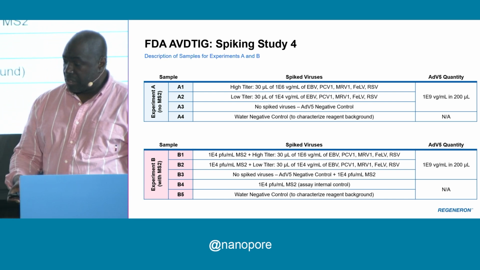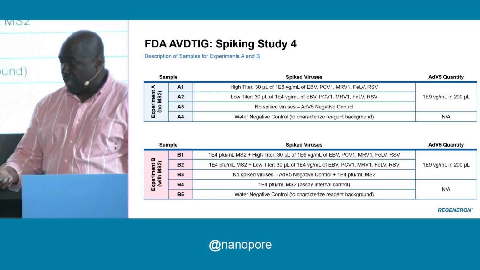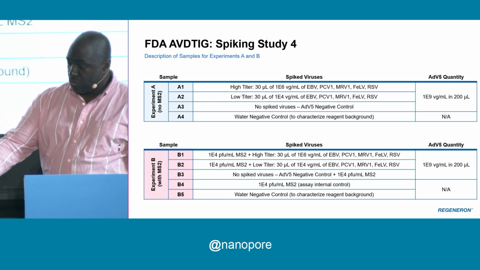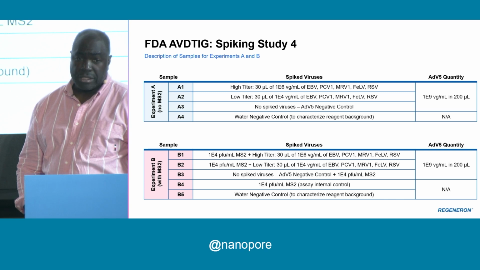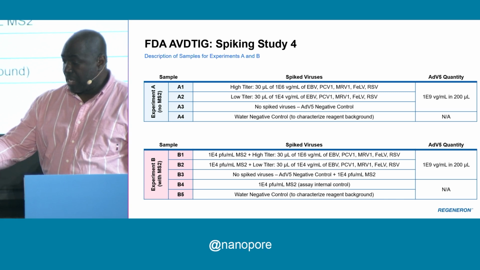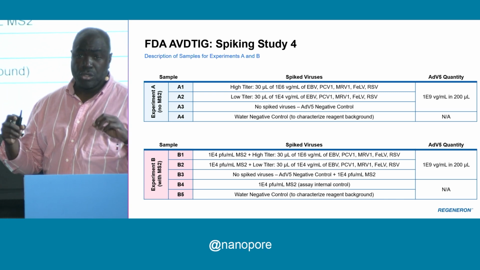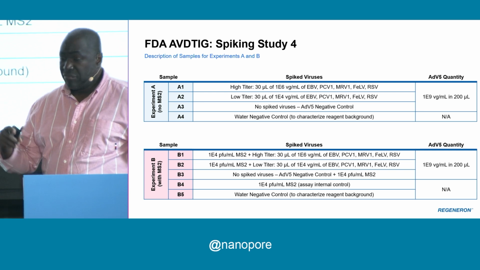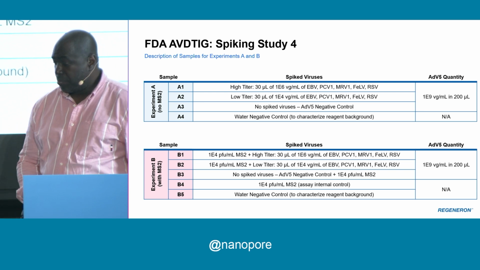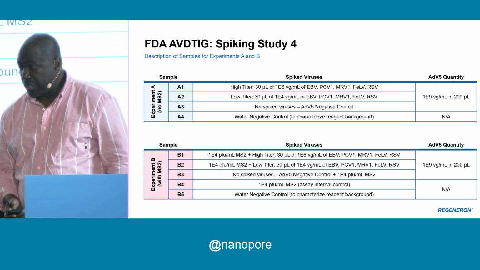In this spike study, there are viruses that we want to use, and those viruses are now called the WHO standard, so they're available to anybody to purchase and do studies with.